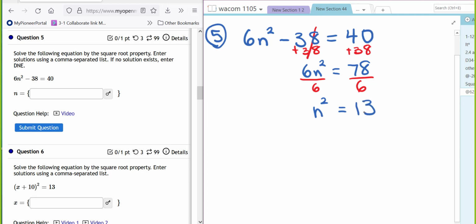All right, now it's a piece of cake for a square root method. You'll take the square root of both sides, and so here you'll just get n equals plus or minus square root of 13, and 13 is prime, so it will not simplify.